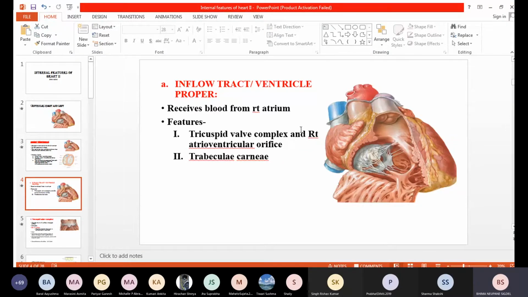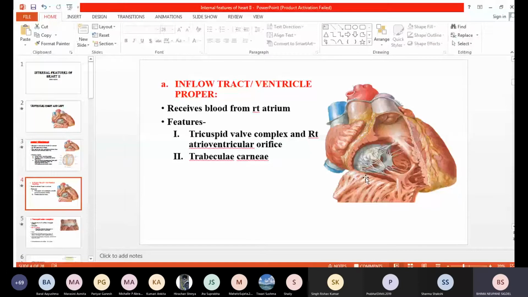So the right atrioventricular orifice, you can see this is the opening, along with the tricuspid valve complex. Then, like in the right atrium you have heard about the musculi pectinati, or pectinate muscle, in the right ventricle and also the left ventricle there are the trabeculae carneae.